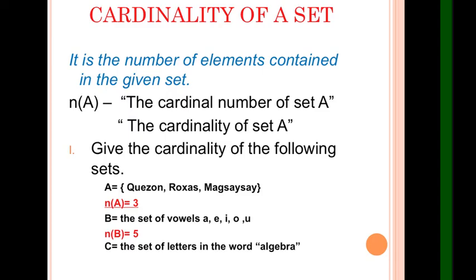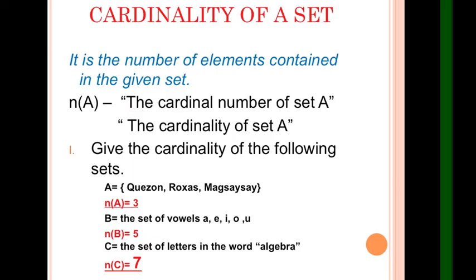How about the cardinal number of set C, the set of letters in the word algebra? So the cardinality is equal to 7. Let's count. 1, 2, 3, 4, 5, 6, 7. Mean to say, we can also count the letters even though they are repeating, no? Kahit umuulit sila, we can count them.